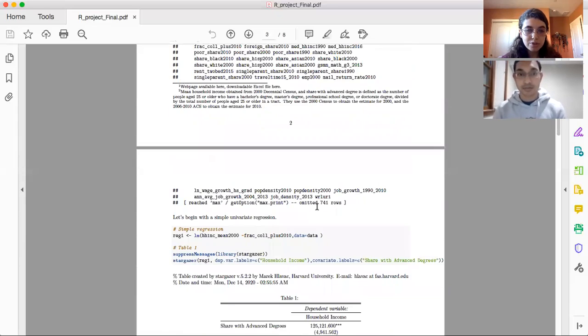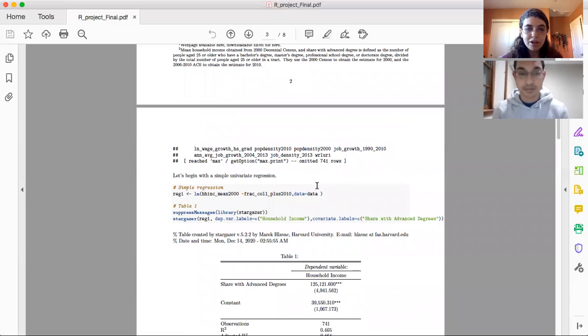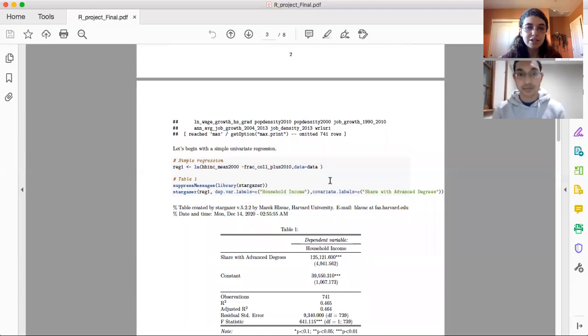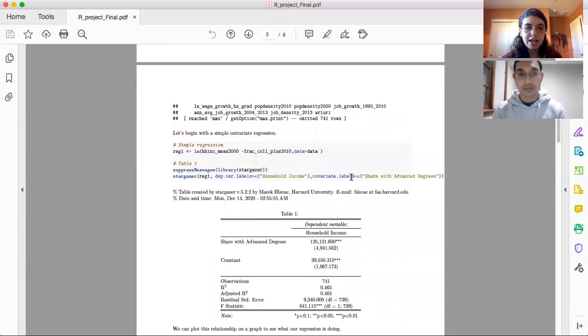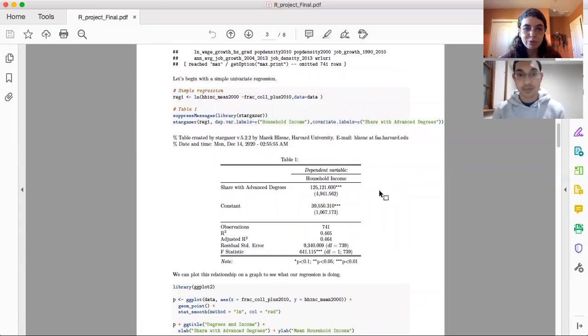If we wanted to estimate a simple univariate regression with this data, we can begin by plotting a regression, which is looking at the share of members in a census tract with a college degree and the impact of that on mean household income in 2010. So we plotted this data using our regression, and you can see that the output for that regression is presented in the table here.